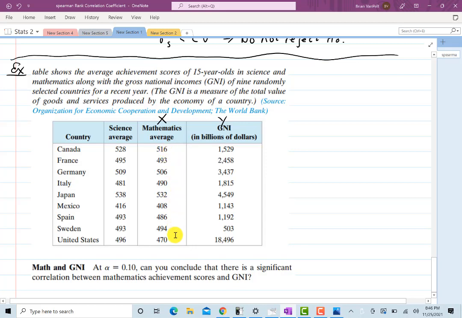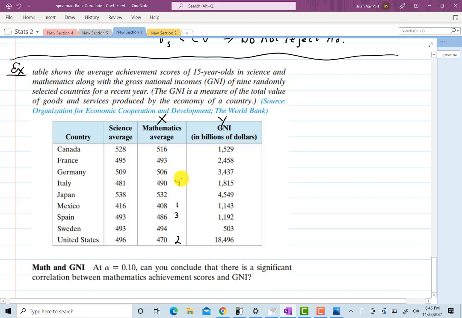Now I happen to know that there's 9 of them. So I'm going to start putting my rankings next to them. So I know 408 is the smallest, so I'll put a 1 next to that. 470 looks like the next one. What is after that? 486 is number 3. After that, 490 is number 4.